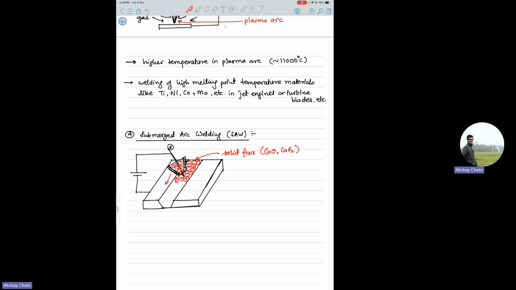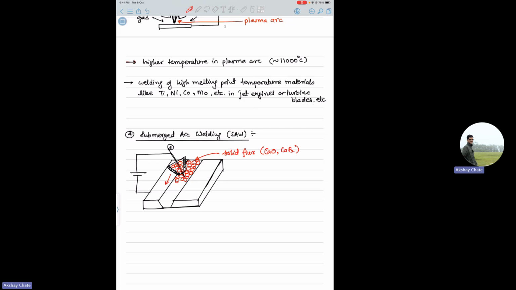Okay, so then there are some advantages and some disadvantages for these kinds of techniques. First of all, the advantages: since you don't have direct contact with the atmosphere, the arc is covered from the atmosphere.